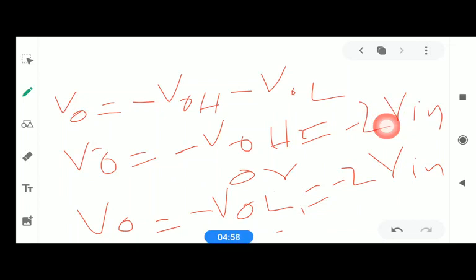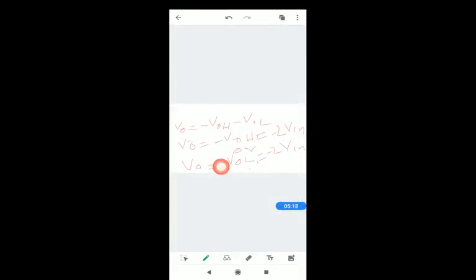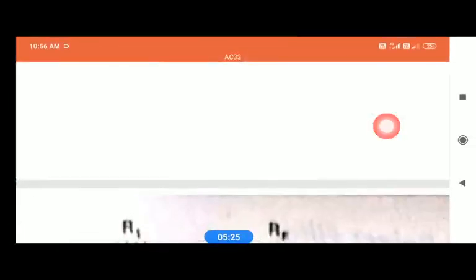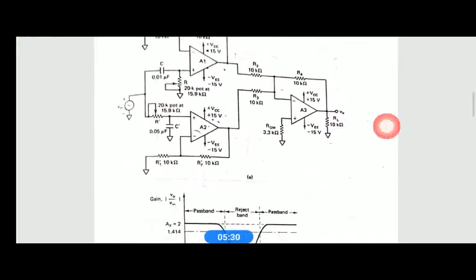It is not the sum of the two gains of the high pass and low pass filters, because they are not cascaded or series connected. They are connected in parallel and added, not a series connection here. So the output voltage is 2 times the input, either from the low pass filter or from the high pass filter.